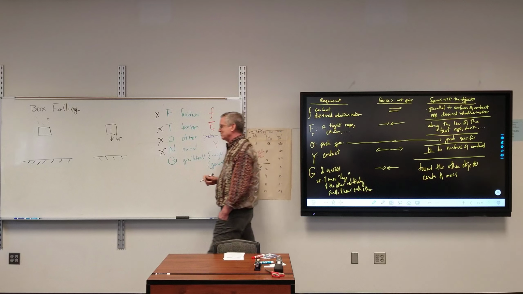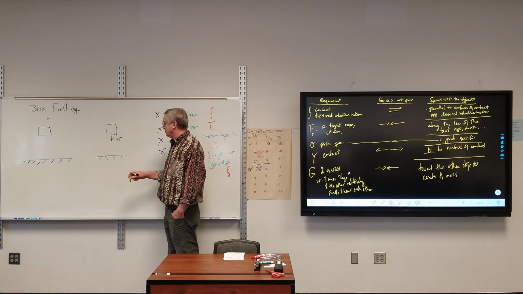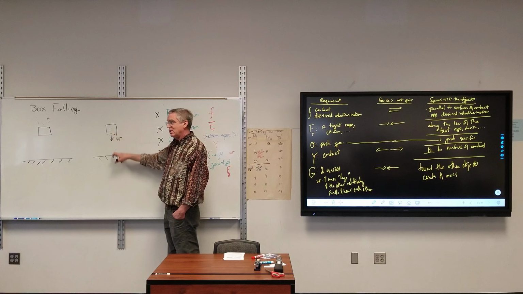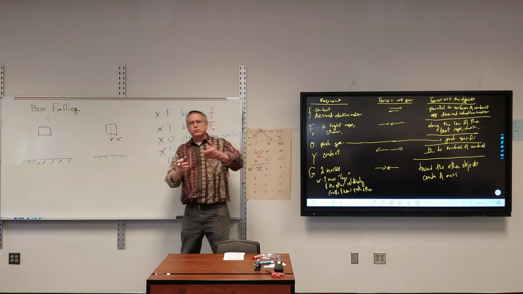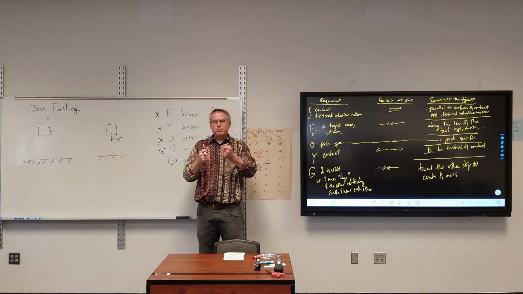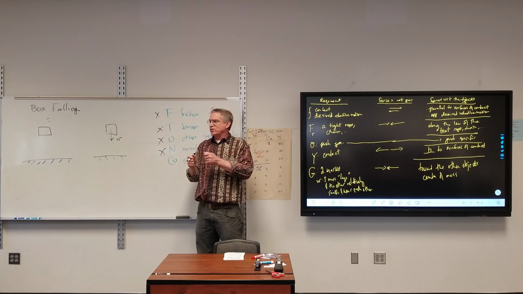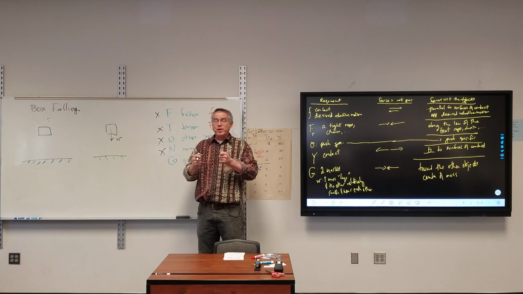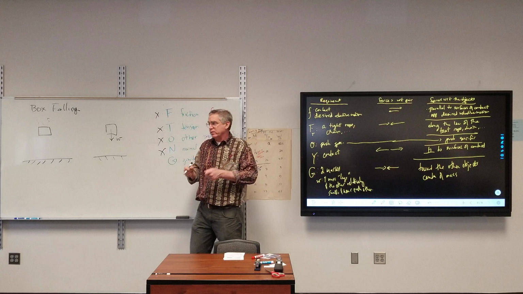Here or here? On the ground. Okay, and some people wonder why I get picky about this. If you can say it properly, you can draw it properly. That's my theory. It is the force acting on the ground. So there's a force acting upwards on the ground, so I draw my arrow up on the ground.